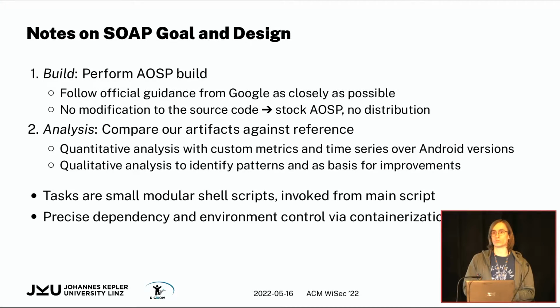Second, for the analysis, we had two primary goals. We wanted to both quantitatively analyze the reproducibility that allows us to do longitudinal studies and look at how things evolve over time, but also on a qualitative level, because we wanted to identify patterns and give some impulses that can enable improvements.